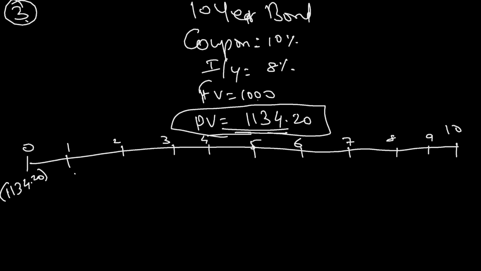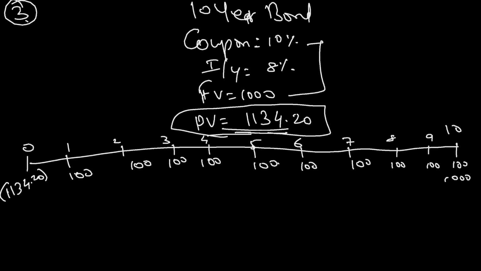Then every year you are going to get 10 percentage of 1000, that is 100, and at the end you will get back your 1000. So these are the cash flows.